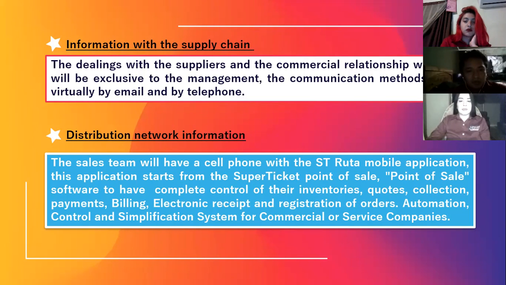This application comes from the Super Ticket point-of-sale software to have complete control of inventories, quotas, collection, payment, billing, electronic receipts, and registration of orders. Automation, control, and simplification system for commercial or service companies.